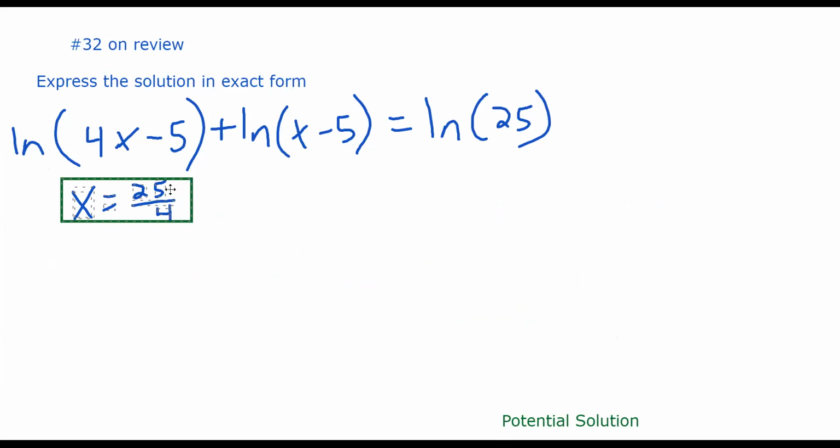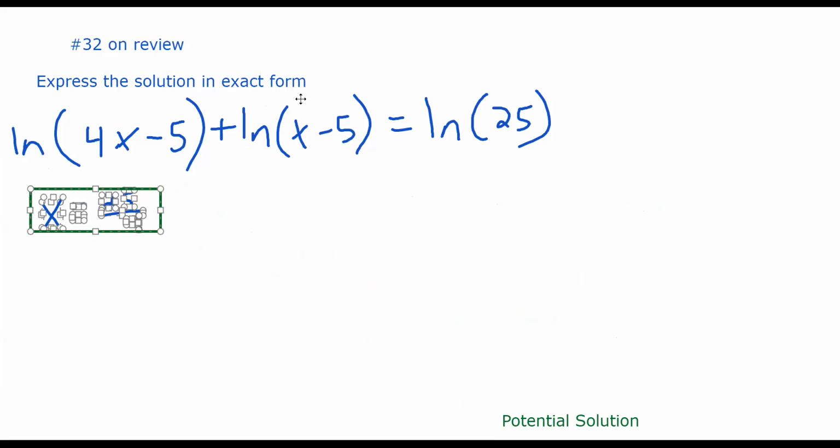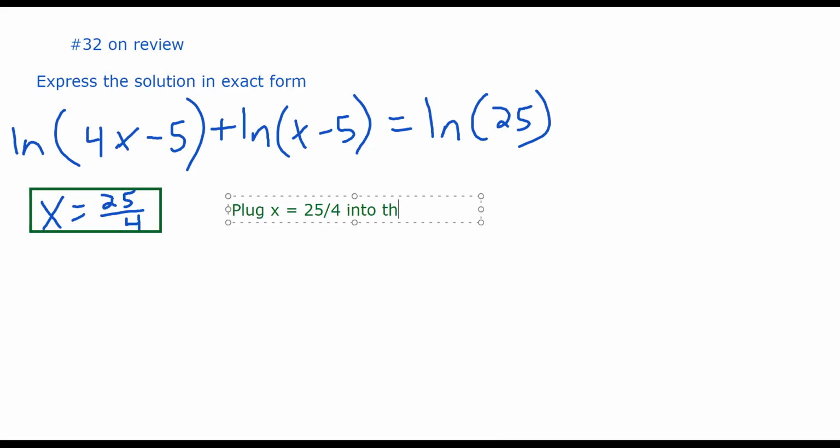Let's try out this guy for size. We would want to plug x equals 25 over 4 into the logarithms. You'll have no problems this time. And maybe you can see it, 4 times 25 over 4, that'll just be the ln of 20.